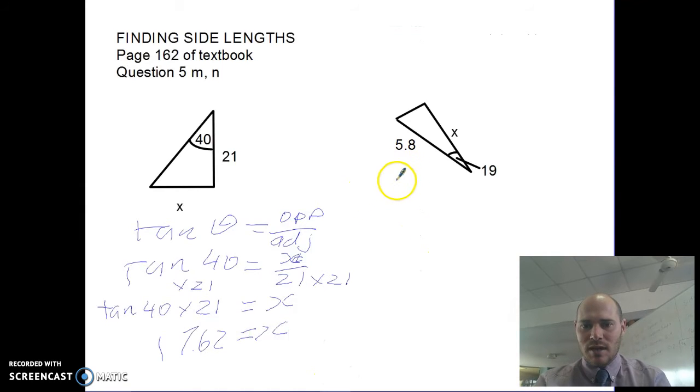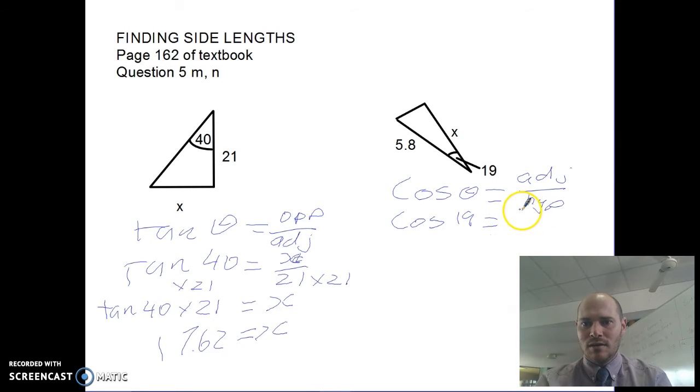So I start as always, cos, now SOHCAHTOA, equals adjacent over hypotenuse. My next step is to put in the values that I know. So cos of 19 is x over 5.8. Now, as I did just there, I've got x divided by 5.8, so I need to get x on its own by multiplying by 5.8.